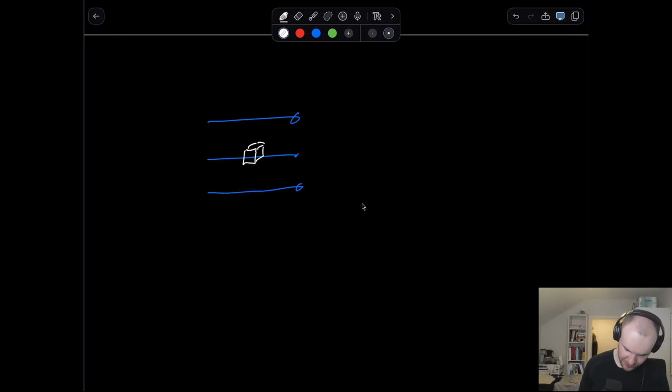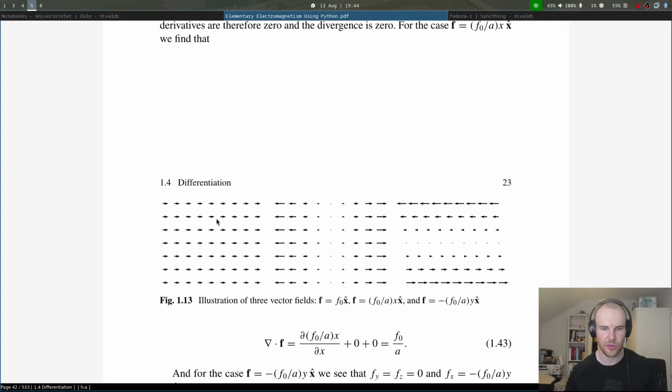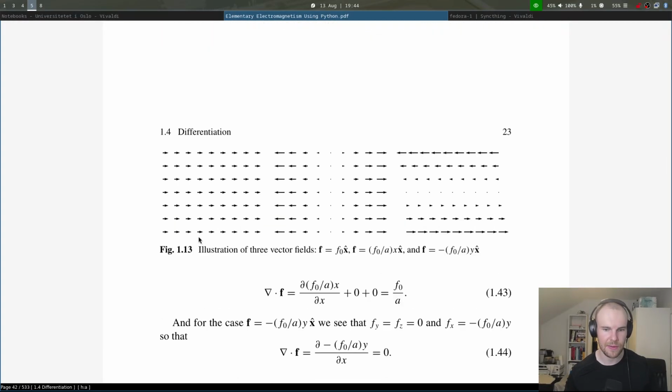But if I had more vectors here, then there would be a divergence there. There would be more coming out than coming in, with a higher strength here compared to here, right? We can just look at that vector field, see if that's true, and that is indeed true.